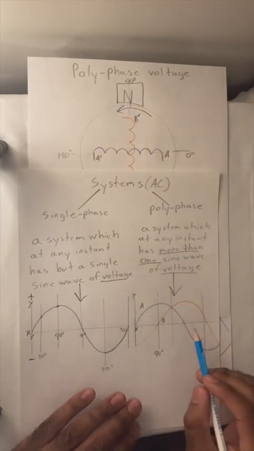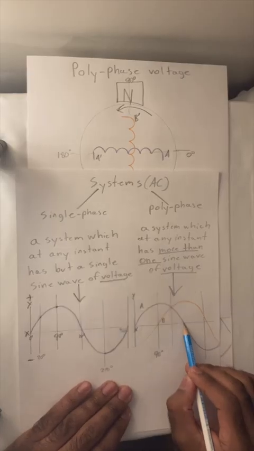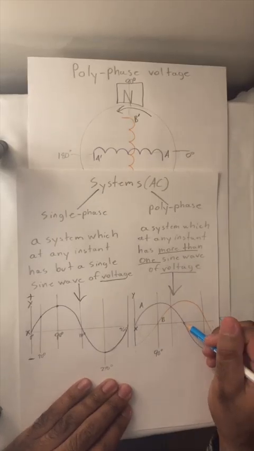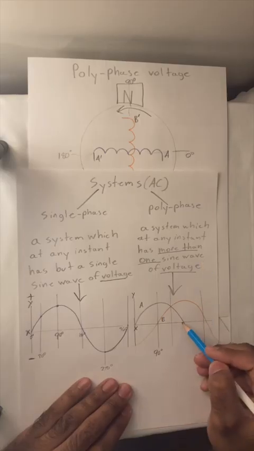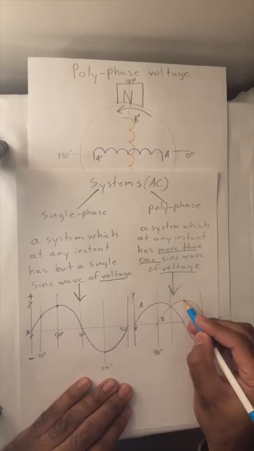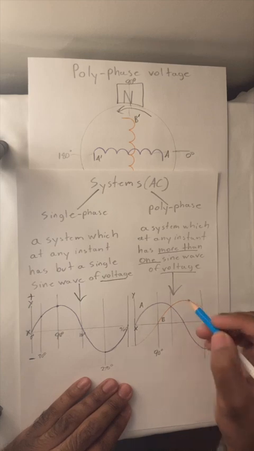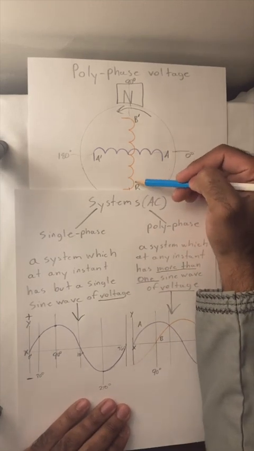When A is at 180 degrees, it has 0 voltage, and B will have its maximum positive value.